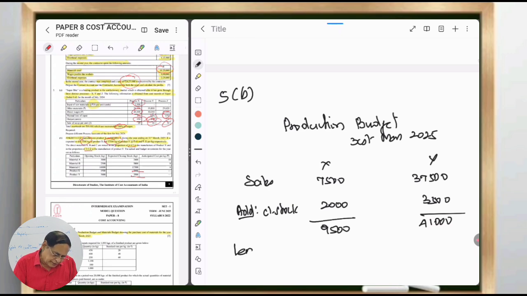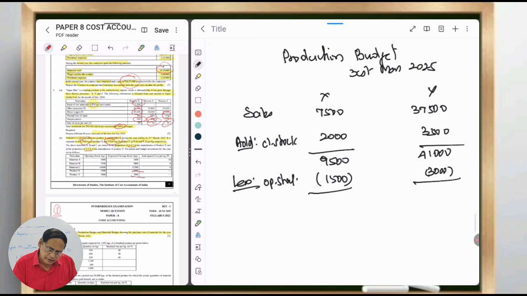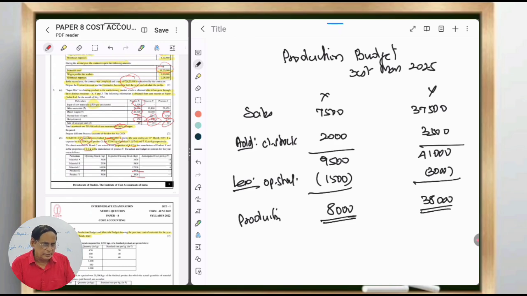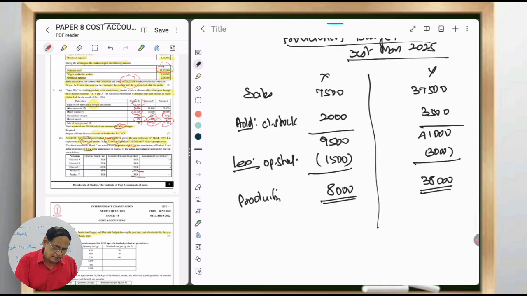Then less opening stock. So sales plus closing stock minus opening stock is production. The opening stock is 1,500 for X and 3,000 for Y. If we deduct, the production is 8,000 units for X and 38,000 units for Y. This is the production budget for X and Y, the main products.